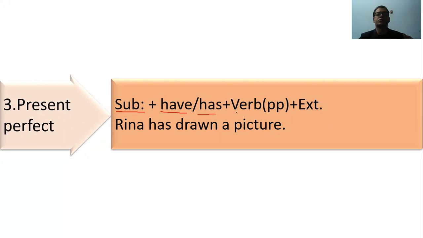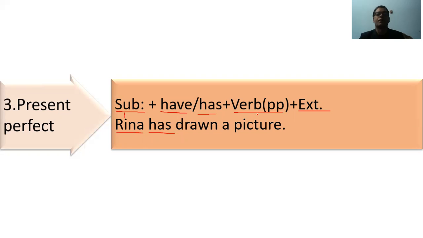Then you have to use the past participle form of the verb. Then you have to use here an extension or object. Suppose subject means Rina. If the subject is third person singular number, you have to use here has. You have to use has.